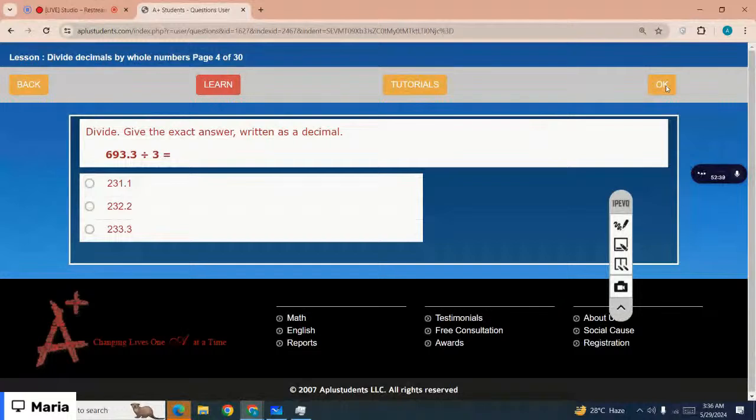The correct option is 231.1. Option number 1 is the correct option.